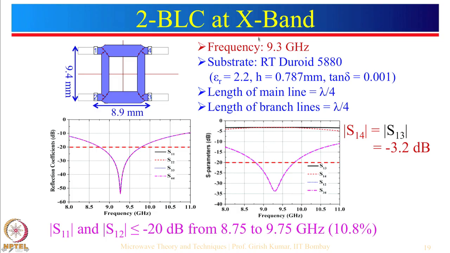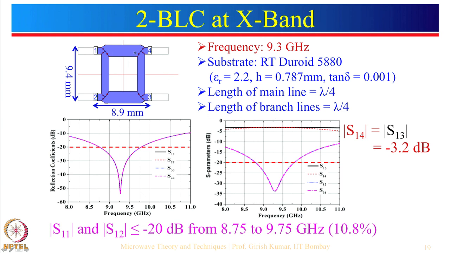Since the frequency is 9.3 gigahertz, we have to take these lengths as lambda by 4. So, one can do the calculation corresponding to this, find out first lambda 0 by 4, and then first calculate corresponding to 50 ohm what is the line width. From the line width, calculate what is epsilon effective, and corresponding to this 35 ohm, calculate what is the width, and then from that calculate epsilon effective, and these things will then give you the exact length of the main line and branch line.